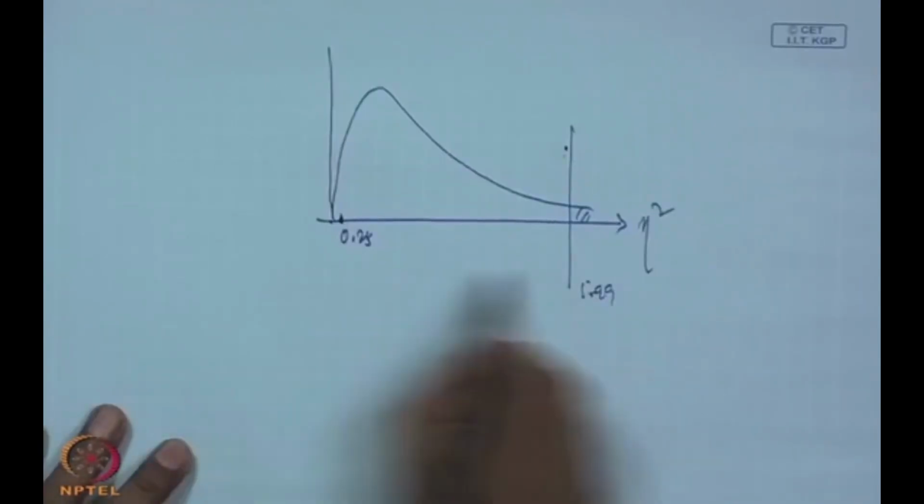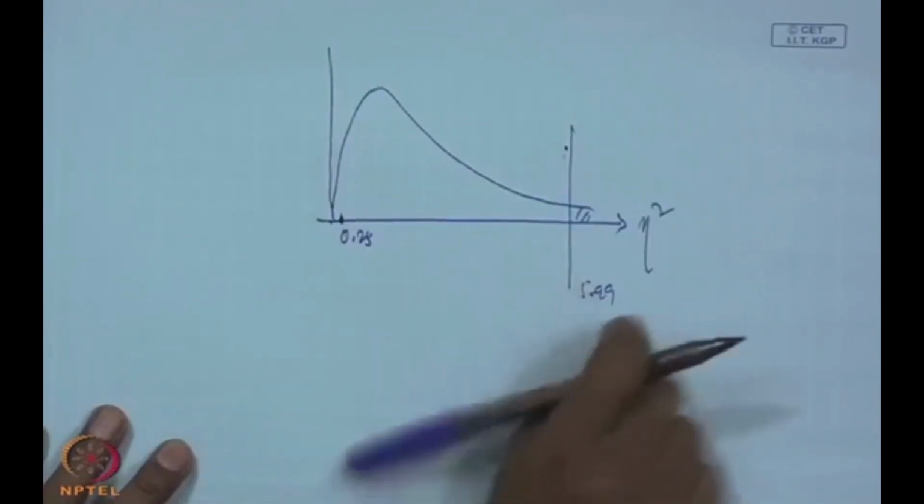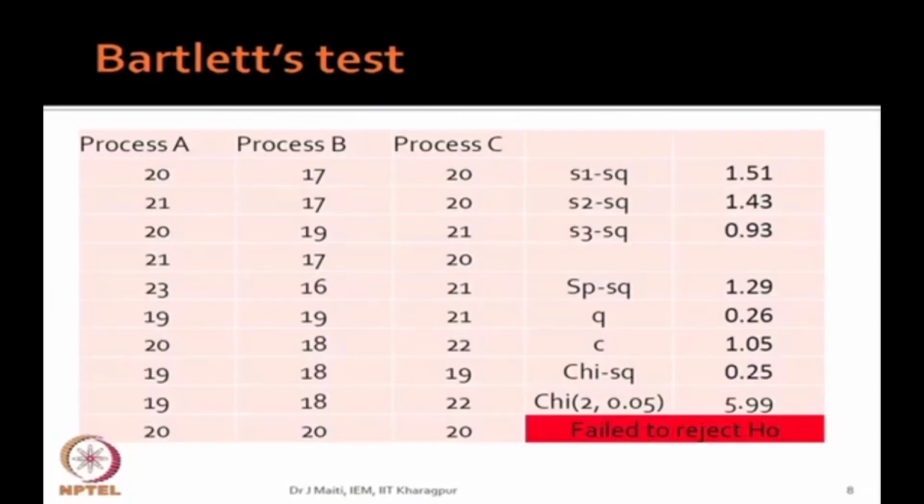What does it signify? It signifies that there are no population variance differences; all the population variances are equal. So, we are fit for the ANOVA case.